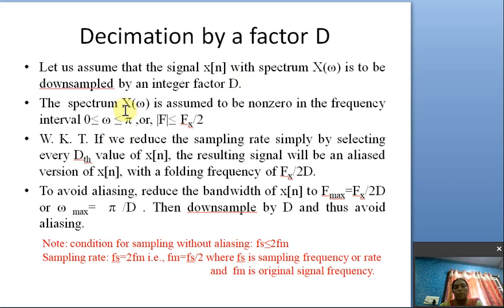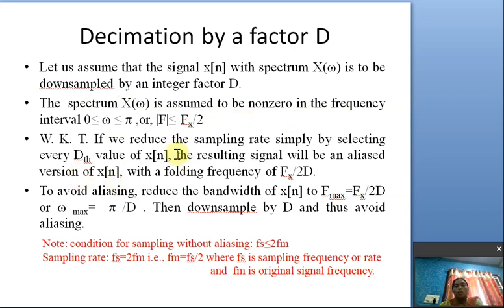It is non-zero in the frequency interval 0 to pi, that is, mod f less than or equal to Fx by 2. So X of omega has certain values in this range only, and other than this it is 0. That means this is a band-limited signal.